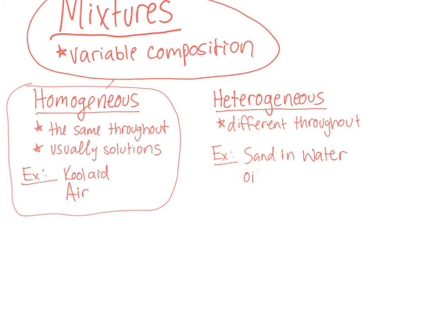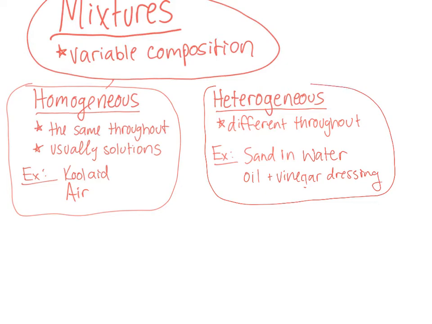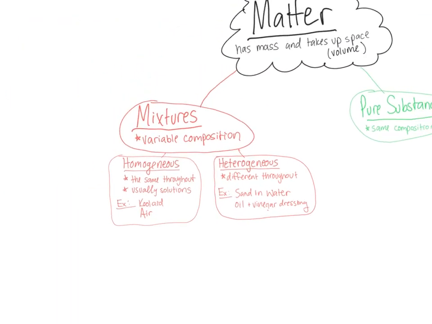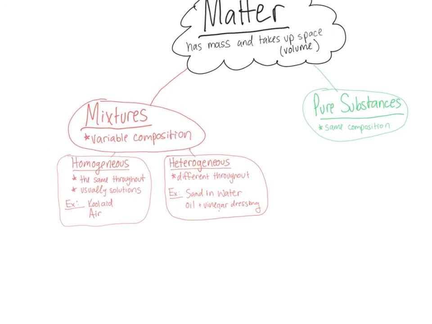So that would be another example of a heterogeneous mixture. Okay, so that's two examples. And we'll do loads more, of course, later on. Those are just some examples to get you thinking in the right direction.